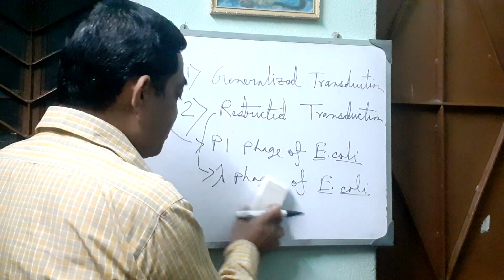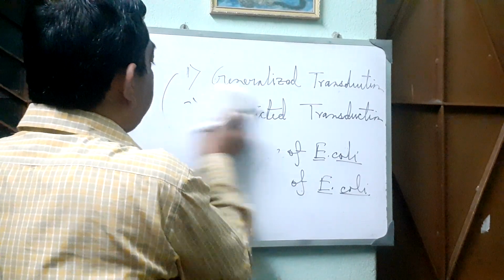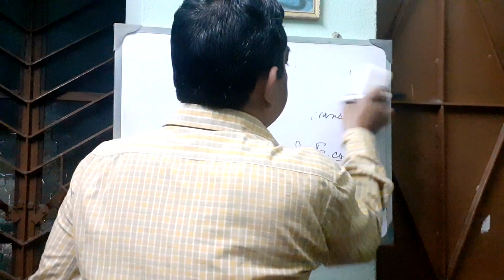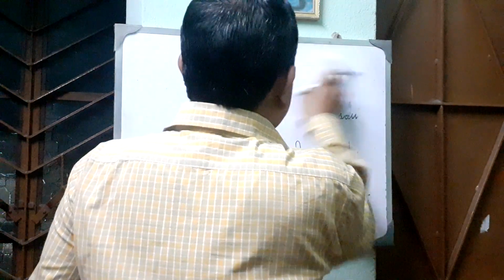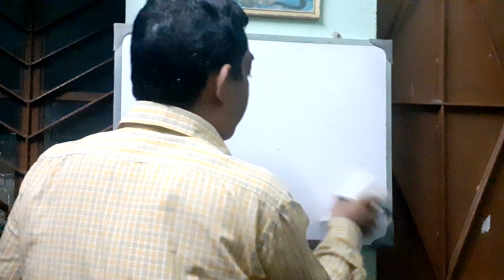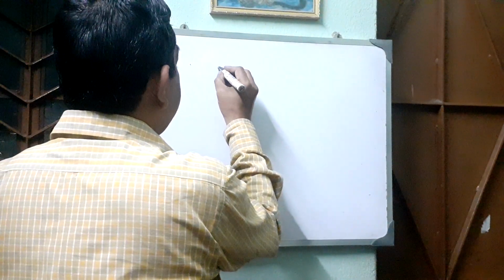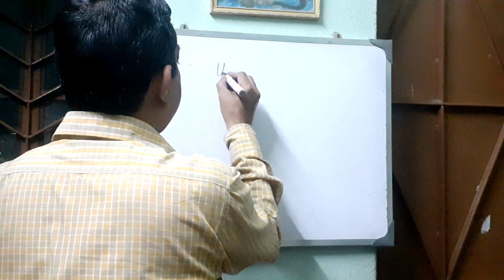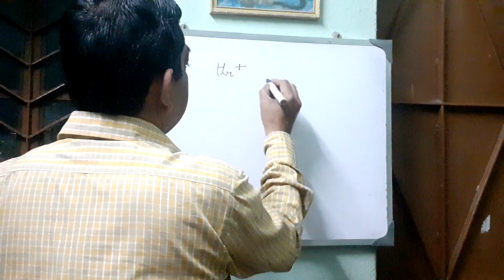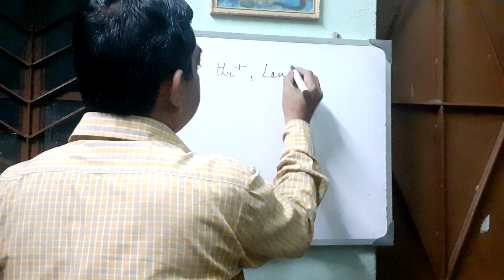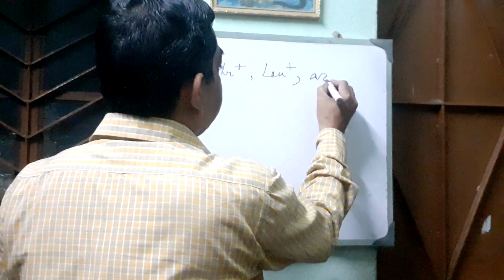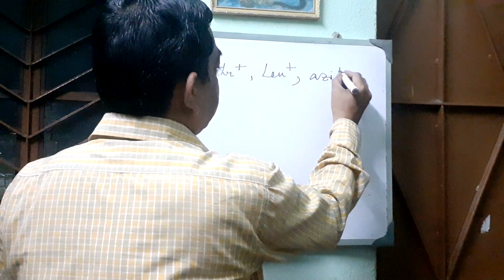generalized transduction, what happened in the P1 phage? If you hear it, then you can understand it better. There are some genetic markers in generalized transduction, like genetic marker means some amino acid, like threonine positive, leucine positive, azide positive.